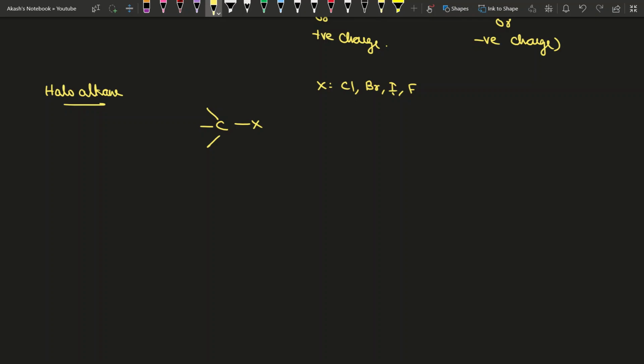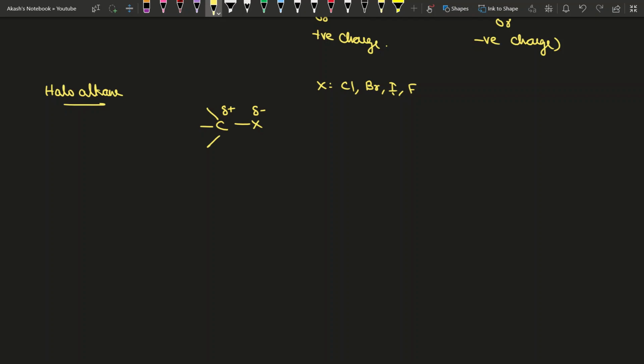When the shared pair of electrons is pulled towards the halogen, the halogen gets a partial negative charge. Since the carbon is partially losing electron density, it gets a partial positive charge. So when there is a bond between a carbon and a halogen, the electron pair between them is pulled towards the halogen.